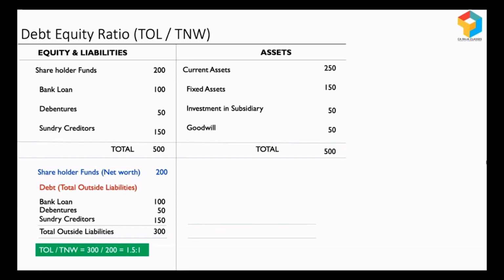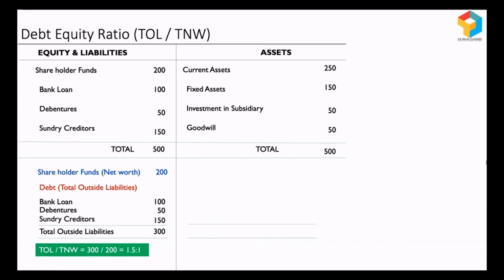It means for every 1 rupee contributed by the owner, this business is borrowing 1.5 rupees. And the maximum debt equity for a business can be like 3:1. Just before, I said 4:1 is highly risky for a business because of 80% debt. So 3:1 means 3 out of 4, 75% can be the maximum debt.